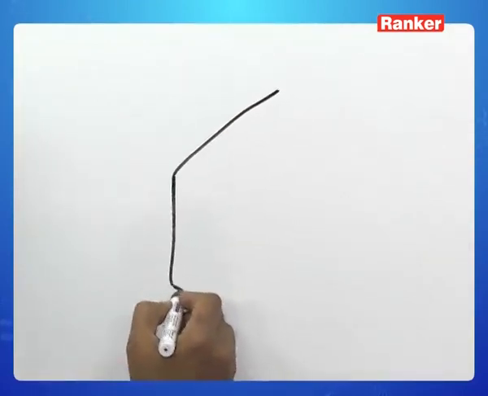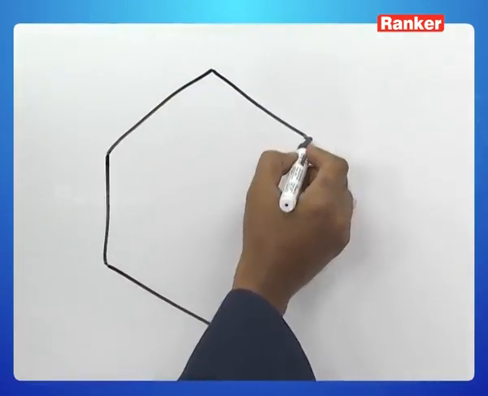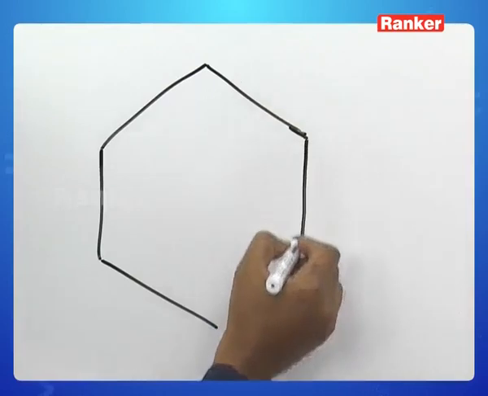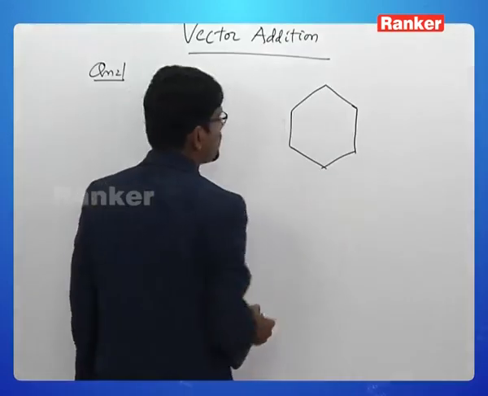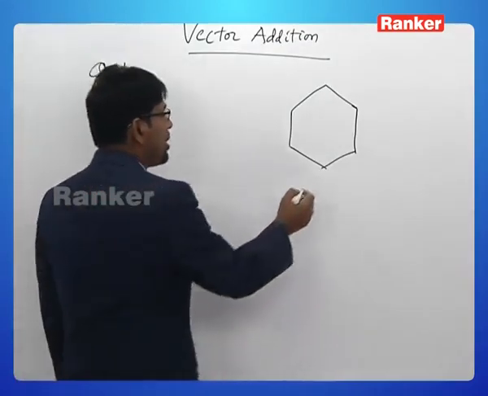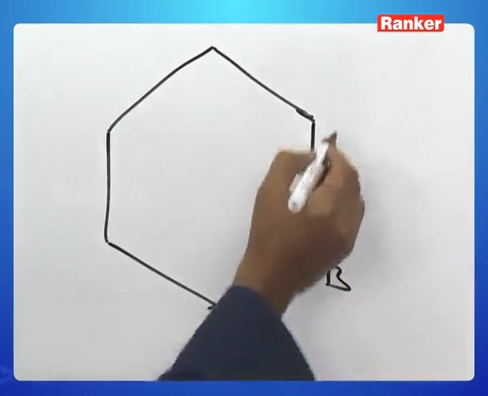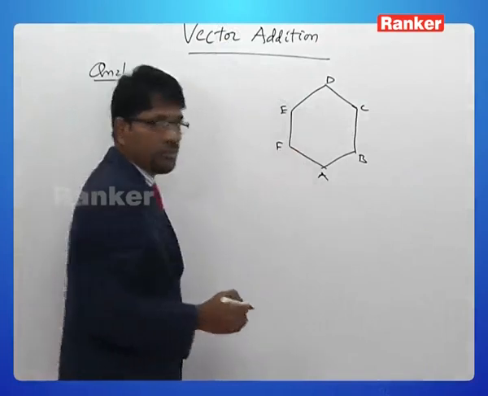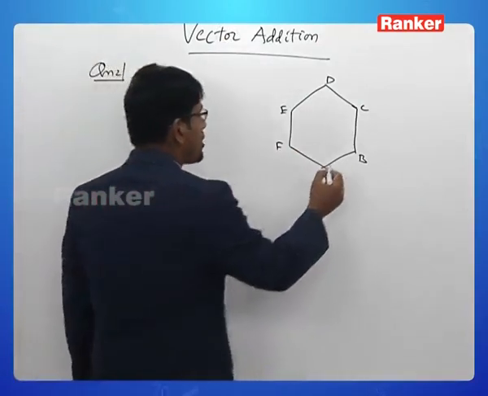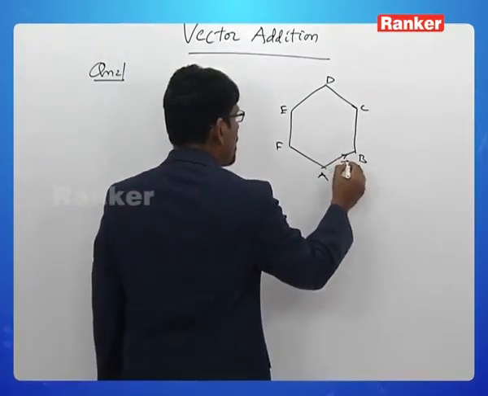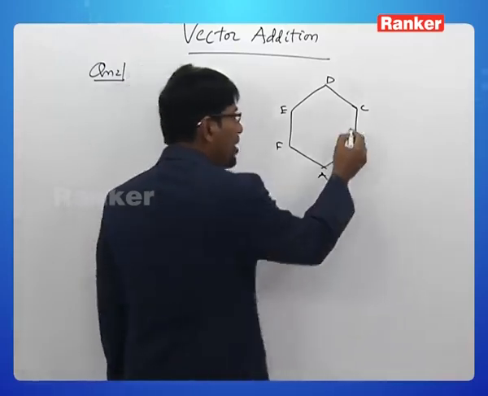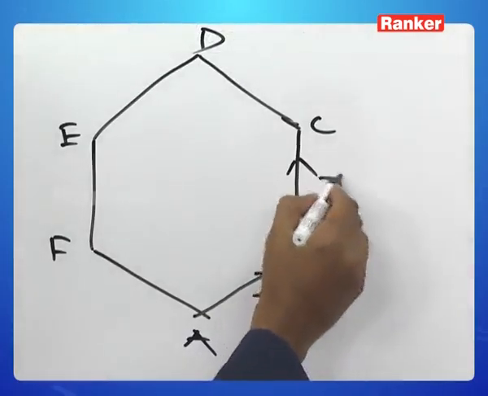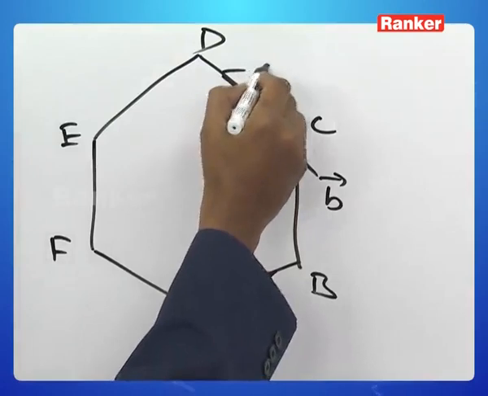A regular hexagon ABCDEF, let's name it like this. What are we given? AB vector is equal to A bar, BC vector is equal to B bar, and CD vector is given to be C bar.